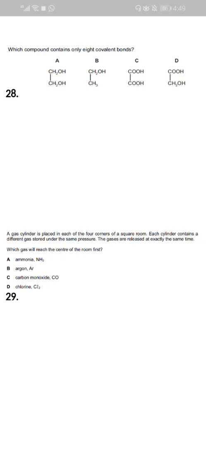Chlorine has molecular weight 71, which is very high. I think in these options the highest molecular mass belongs to chlorine. In the case of ammonia, ammonia has molecular mass 17. Carbon monoxide has 16 plus 12, 28.